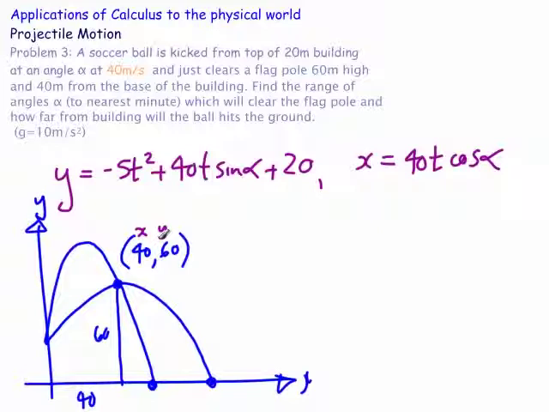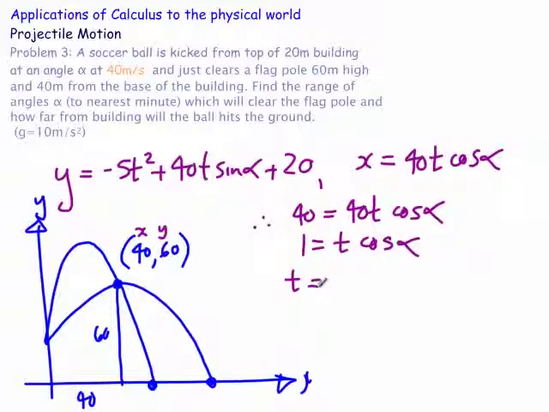If x is 40, then 40 is equal to 40t cos alpha. Divide by 40, so 1 is equal to t cos alpha, and t is equal to 1 on cos alpha.